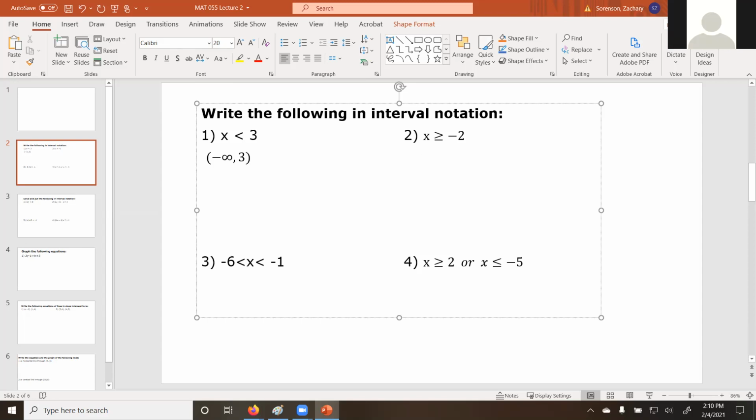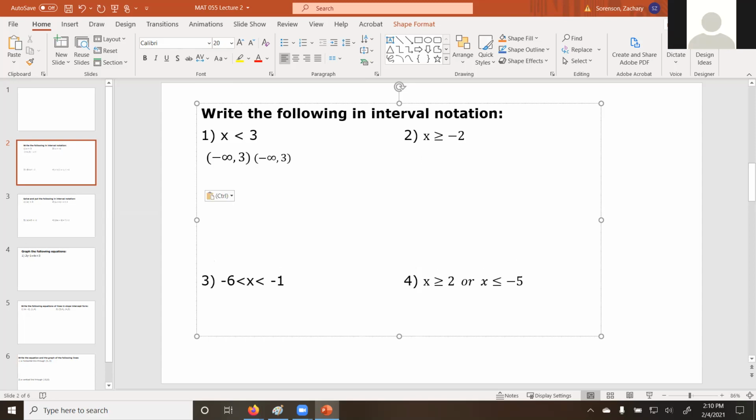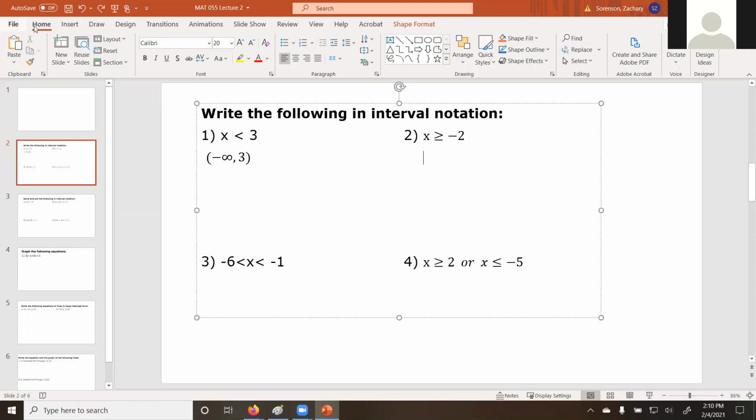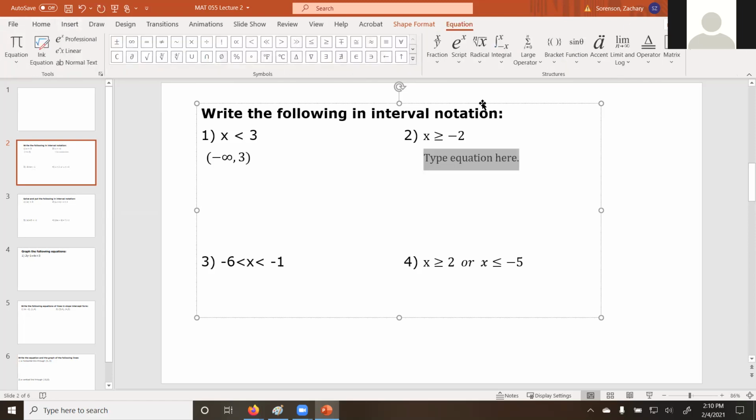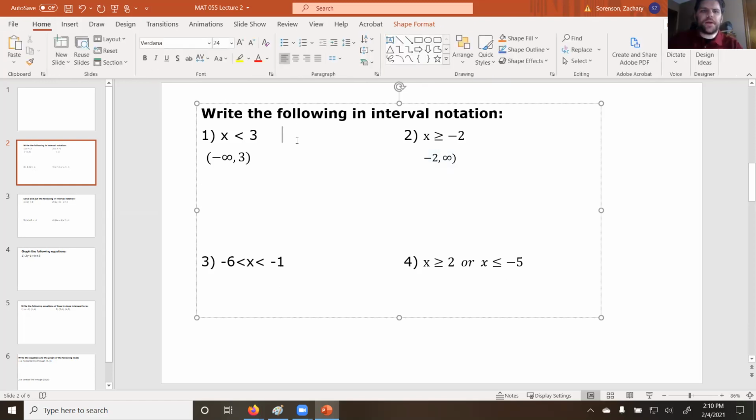Negative 2. So I want to write that. Negative 2. And then what's the biggest value X can be? Infinity. Parenthesis. And here, if it's just a strictly less than, as we call it, we always put a parenthesis on the number.